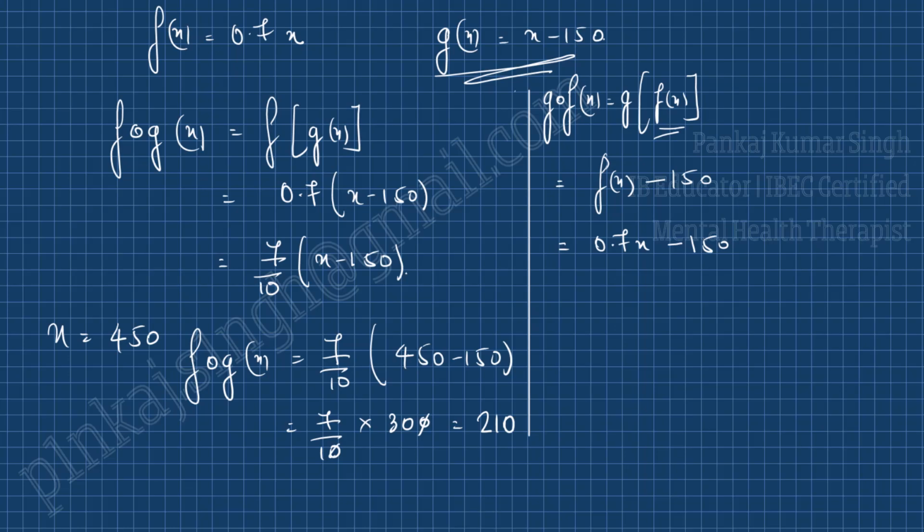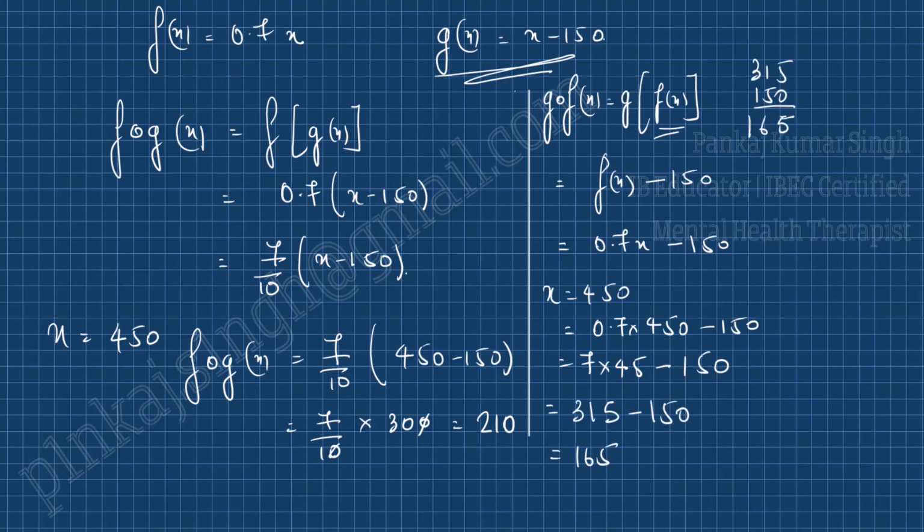Now taking x equal to 450, that gives me 7 times 45 minus 150. You can use a calculator here to calculate these values if you find it difficult.